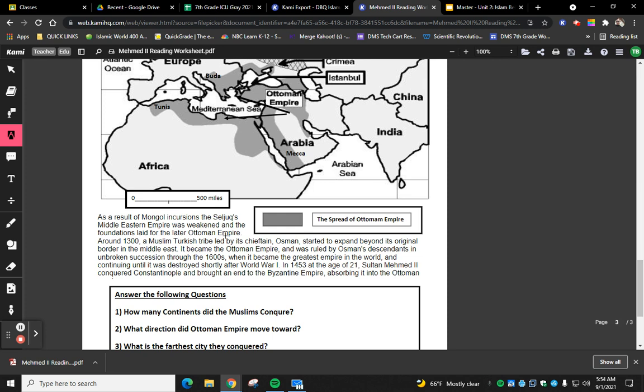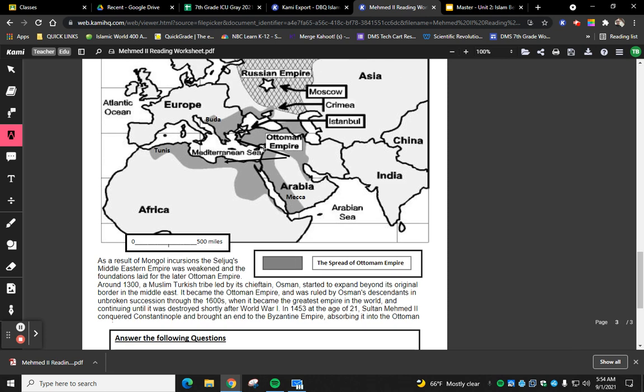In 1453, at the age of 21, Sultan Mehmed II conquered Constantinople and brought an end to the Byzantine Empire, absorbing it into the Ottoman Empire. Now, the spread of the Ottoman Empire is in gray, so that's the gray part on the map.